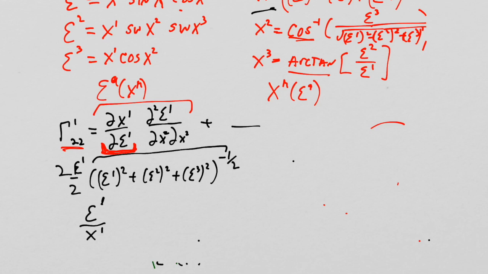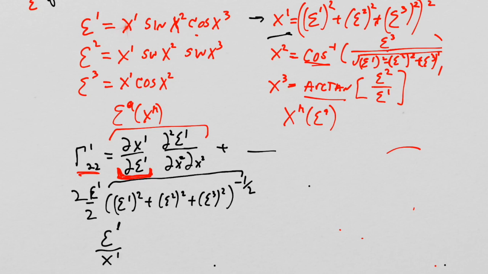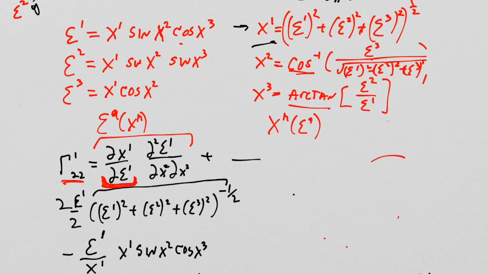Okay, so now we're working on that second derivative, and so we have to go back to this expression here, and we're taking two derivatives with respect to x2. The first one brings this into a cosine, the second brings it into a minus sign. So we end up with minus x1 sine x2 cosine x3. And that is the first term of this whole mess. Now, what's nice is we can kind of look at this, and although I'm sure I'll screw it up, this thing doesn't really change.